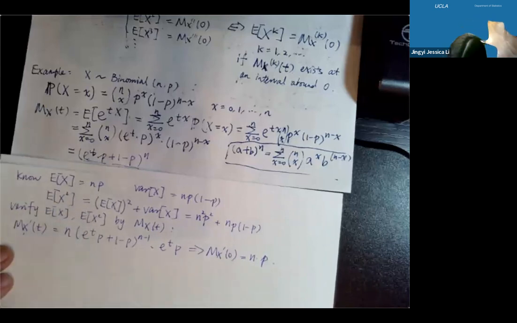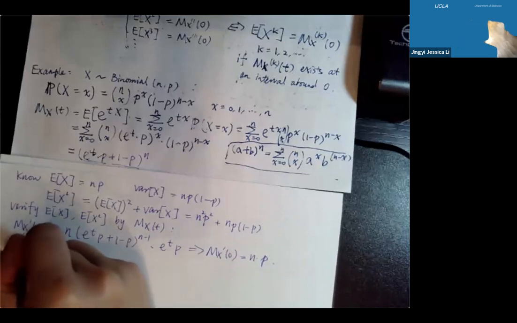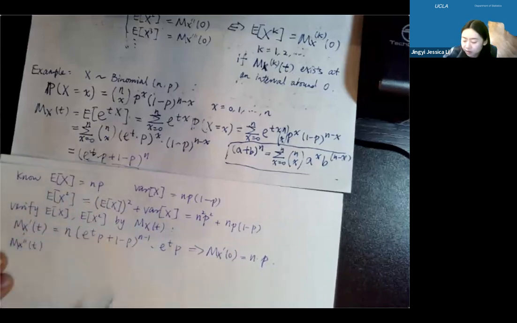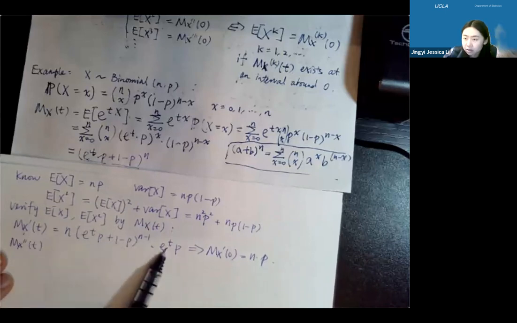Now let's do the second moment. I'm going to take the derivative with respect to t again, but here I have two terms involving t: one is the power term, and one is the e^t p term. So I need to take them separately.